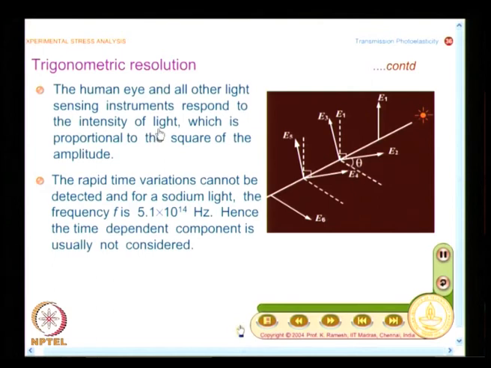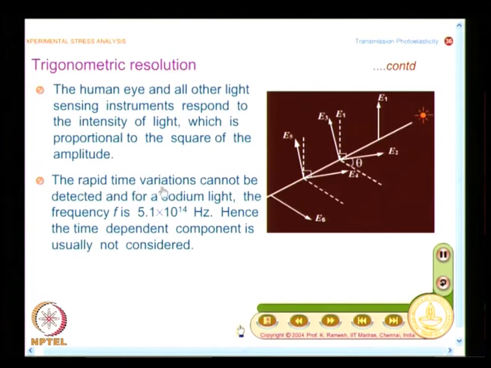Why we always look at the intensity of light is because we respond only to this, and there is a relationship. The intensity is proportional to the square of the amplitude. And this is a point to clarify.